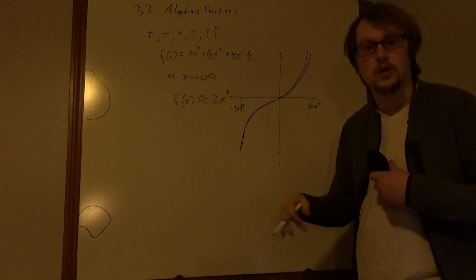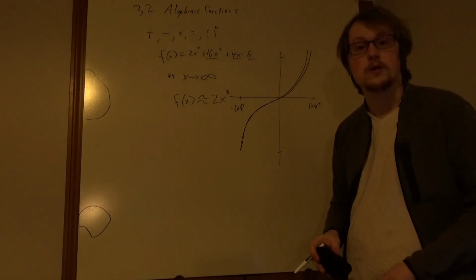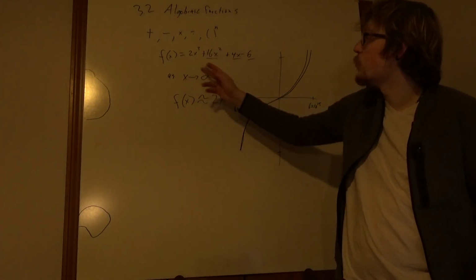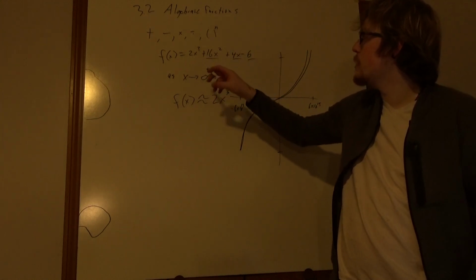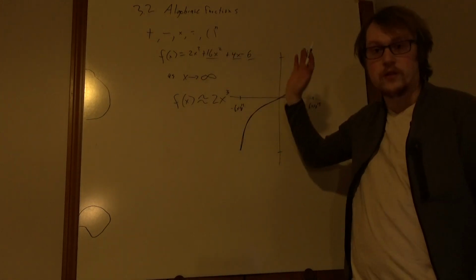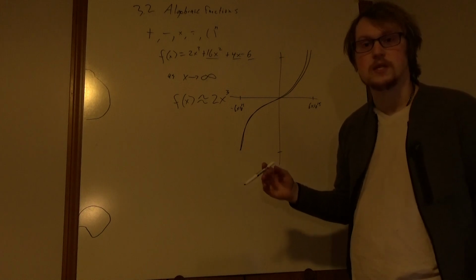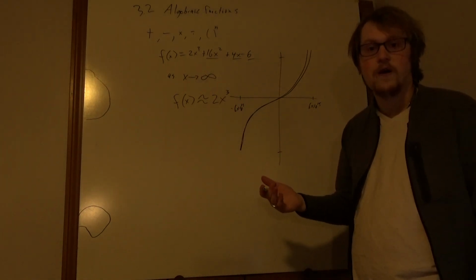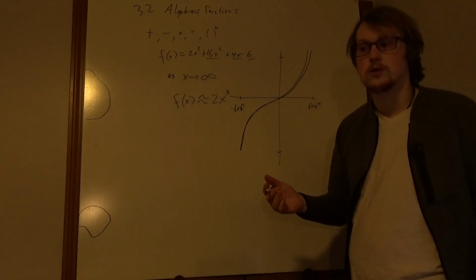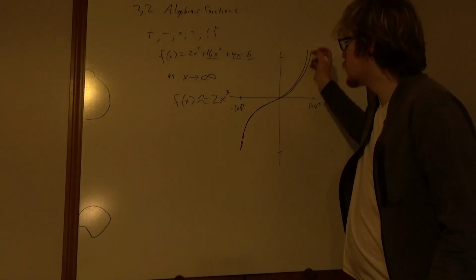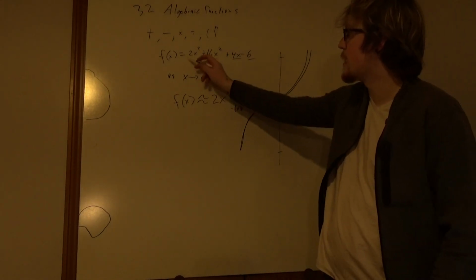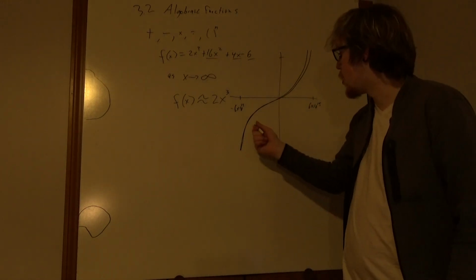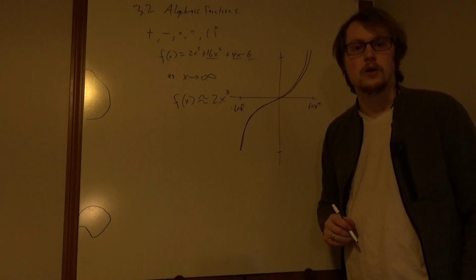So here's another example of where knowing the degree of a function becomes helpful, because if we noticed that this has degree 3, then we could say, all right, everything less than 3 becomes insignificant. And then we could use this approximation to say, at least over very, very large scales, the two functions, 2x cubed and this whole thing, are practically the same, or at least indistinguishable at large numbers.